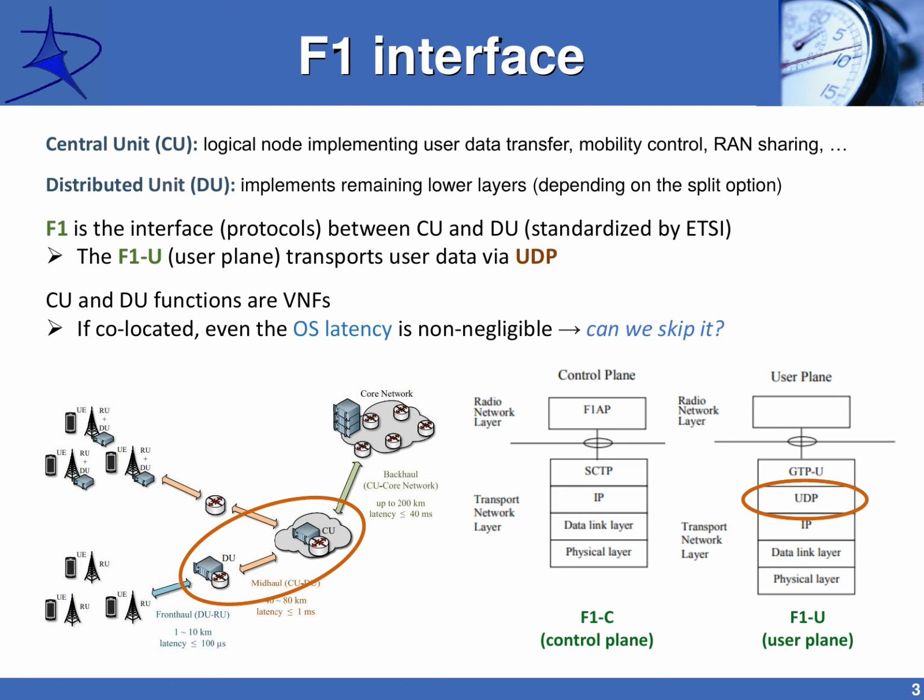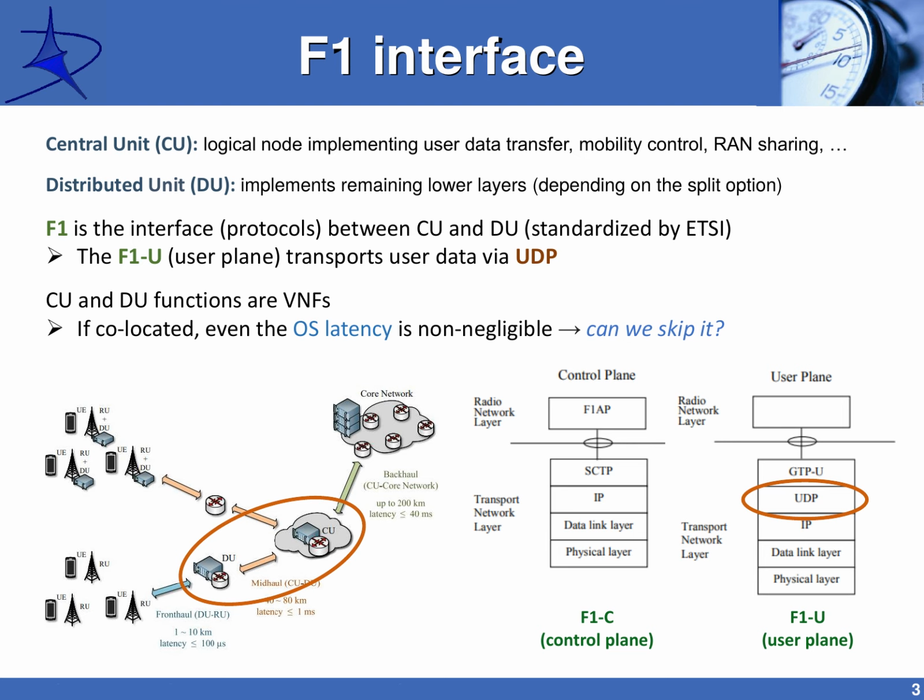In our paper, we focus mainly on the F1-U interface because it's the one which transports user data and whose performance most critically affects the quality of service delivered to the user. Please observe that the F1-U interface is based on the UDP protocol. As you will see in the next slides, this detail will be pivotal for our work.